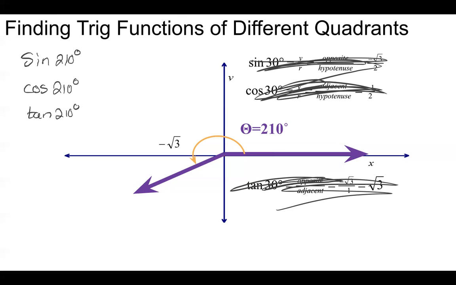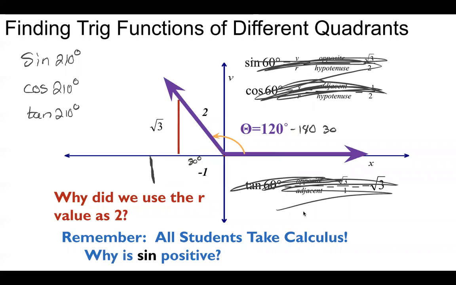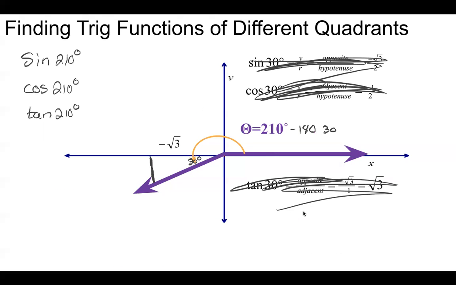Okay, so 210, the reference angle, if you subtract 180 from that, that's 30 degrees. So this is 30 degrees. And I'll make a little triangle here.